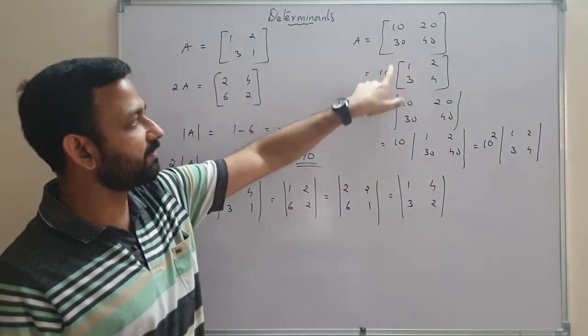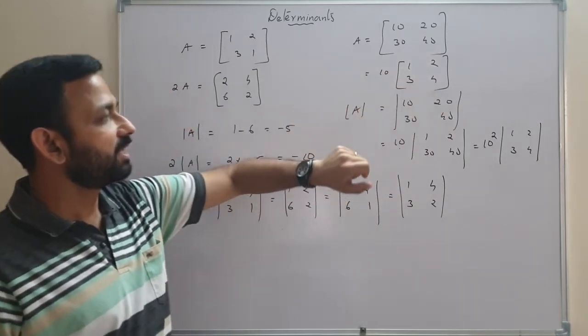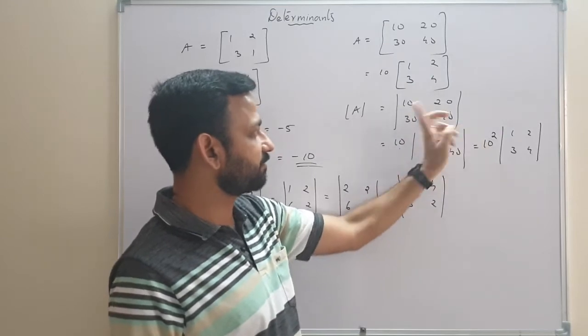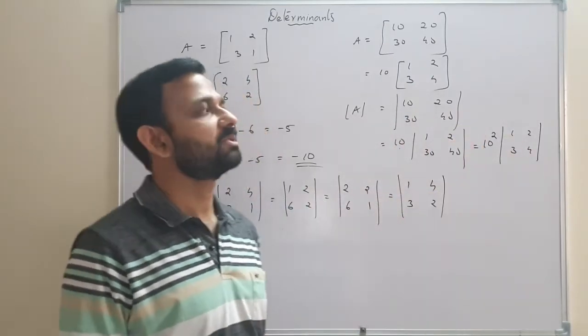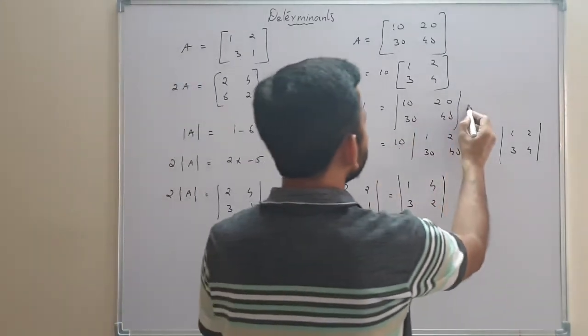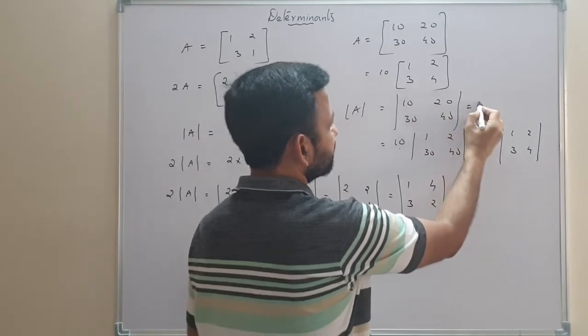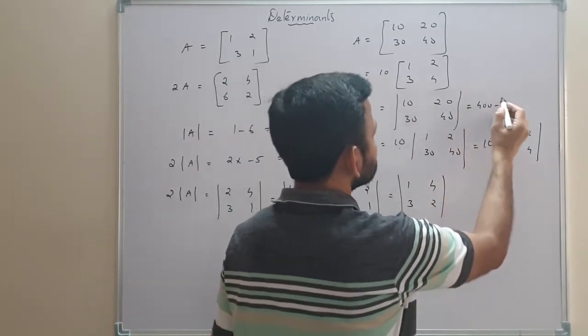From a matrix, when we take 10 outside, only 10, 1, 2, 3, 4. If I take 10 outside from the determinant, here 10 from the first row, again 10 from the second row, 10 square, 1, 2, 3, 4. So the answer will be the same here. Determinant A: here we can find 40 into 10, 400 minus 600.